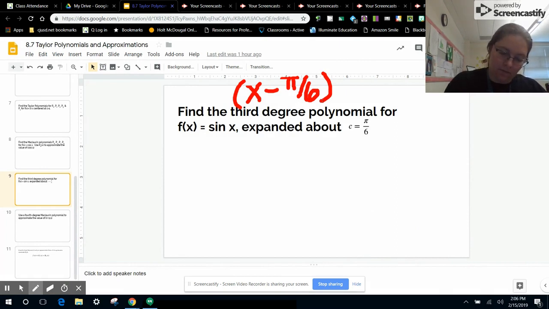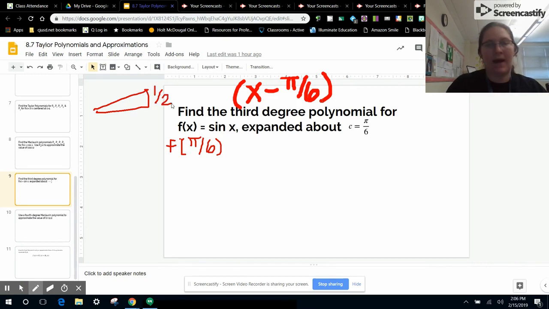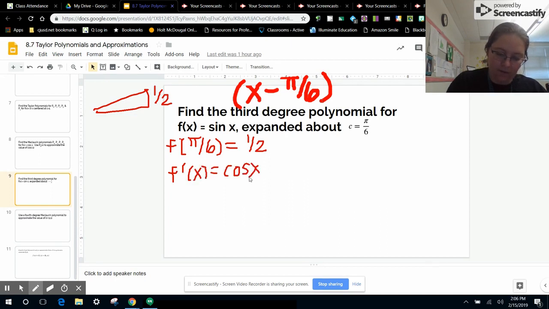Now f of pi over 6. The coordinate pi over 6, the vertical portion is going to be 1/2. It's a short triangle side, so sine of pi over 6 is going to be 1/2. Then f prime of x is cosine x.